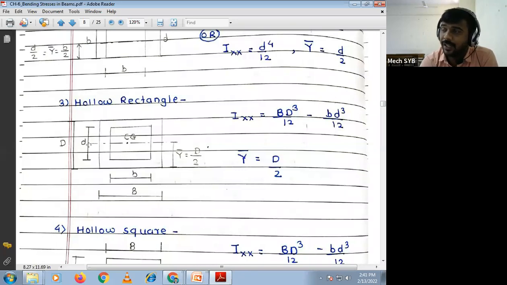Outside dimensions are represented by capital B and capital D, and inside dimensions are represented by small b and small d. Please keep in mind.